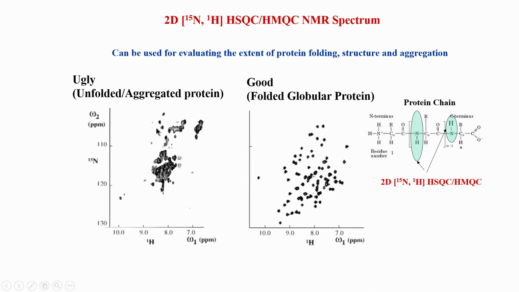That kind of a change in the sequence of the protein has to be carried out to get a good looking spectrum like this. This kind of a process involves time and effort, and that is really a challenge again in proteins which are not amenable to NMR, because this kind of a spectrum is very difficult to work with, as I can hardly separate the peaks, and therefore one has to resort to some more techniques.